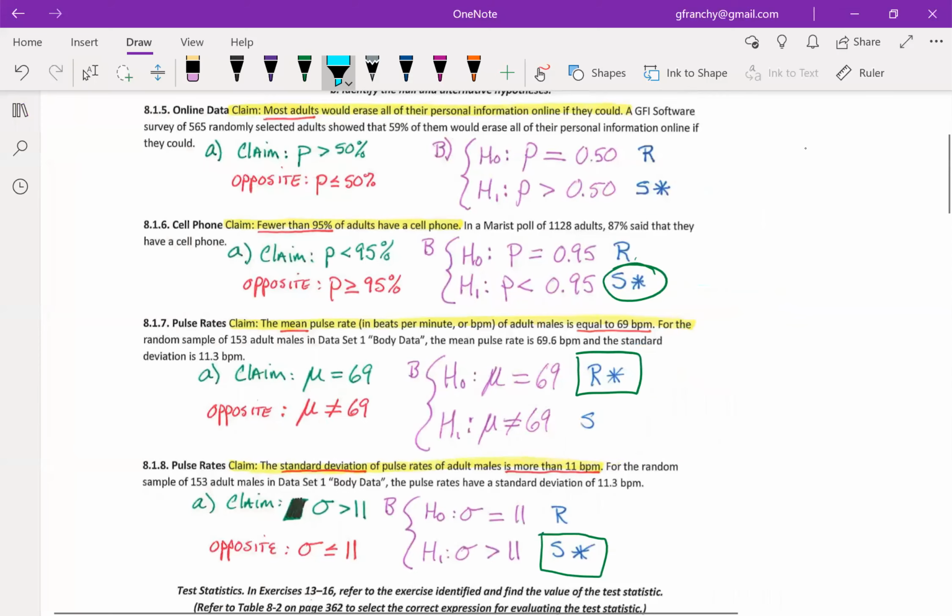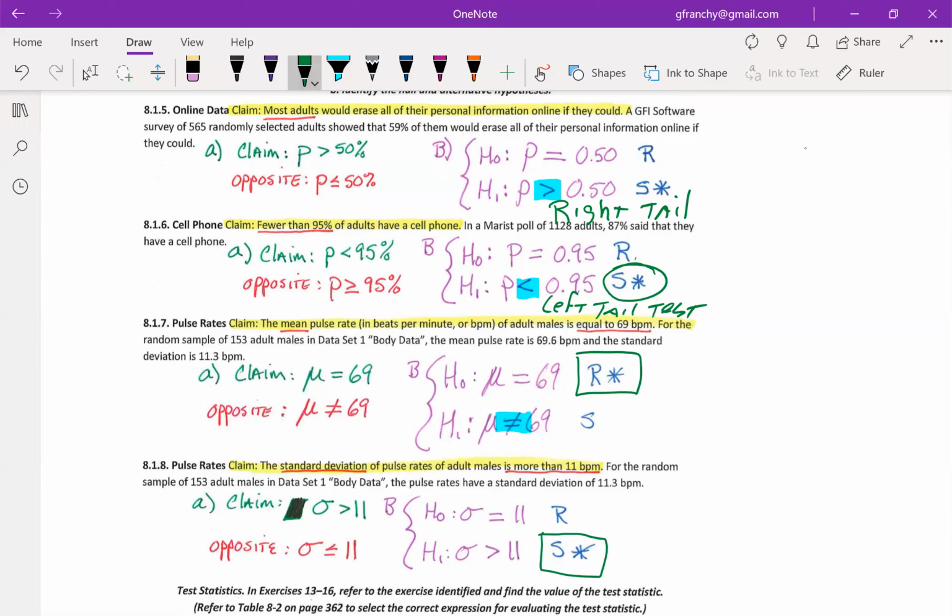So back over to here, this is going to be a right tail test because it's a greater than, it's pointing to the right. That's pointing to the left, that's going to be a left tail test.